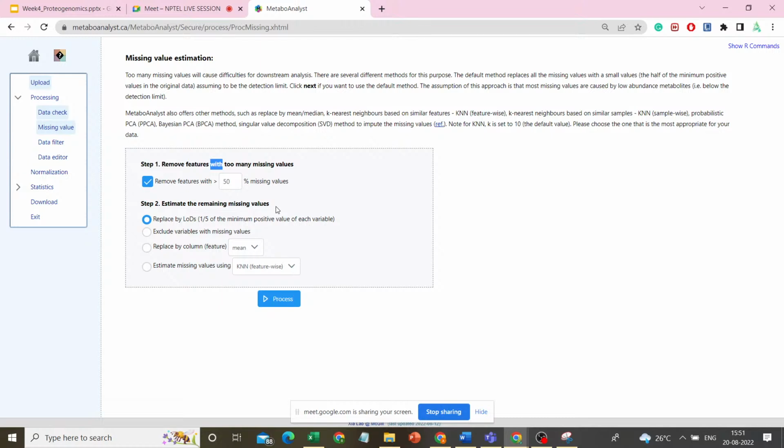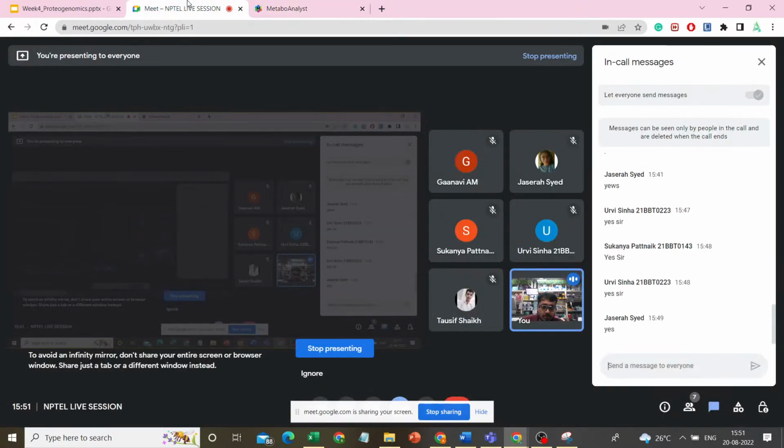But we generally use 30%, so that a particular feature should be present in 70% of the samples. If there are 10 samples, it should be present in at least 7 samples, and only the remaining 3 will be imputed. Otherwise the feature will be taken out from the analysis.